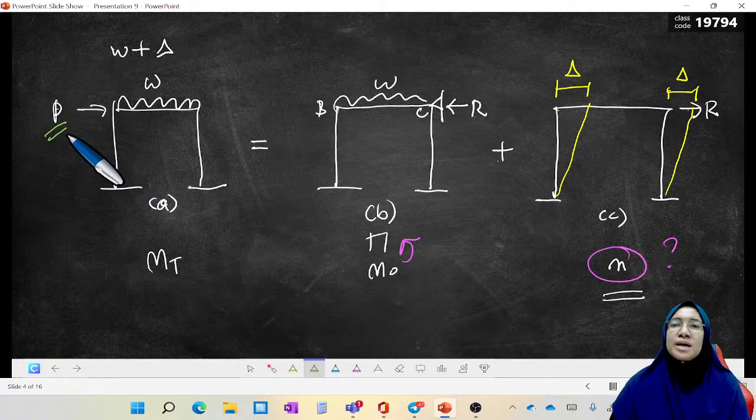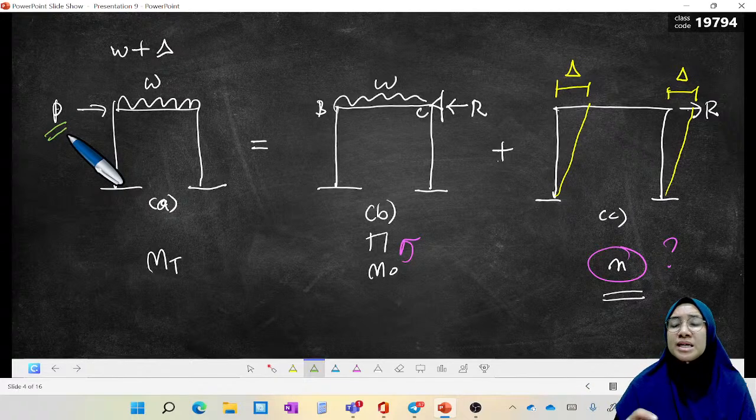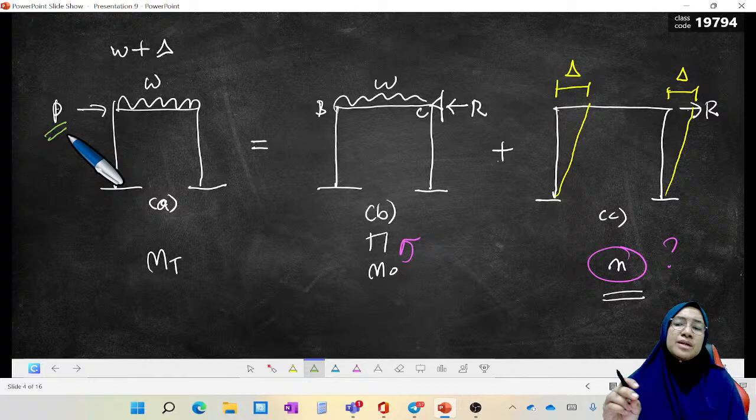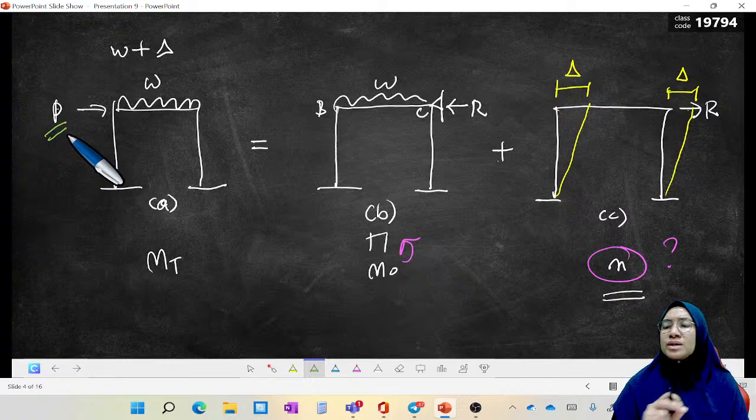Moving horizontally means there is a sidesway. The frame will move because it is not symmetrical due to loading. If the frame is symmetrical in loading and geometry, there is no sidesway. But by looking at diagram A, due to P, we know that this is not symmetrical due to loading.